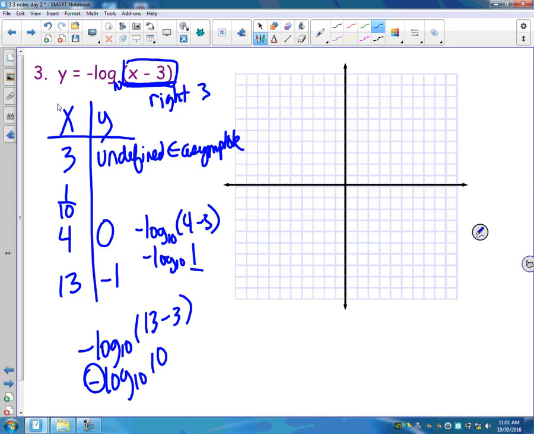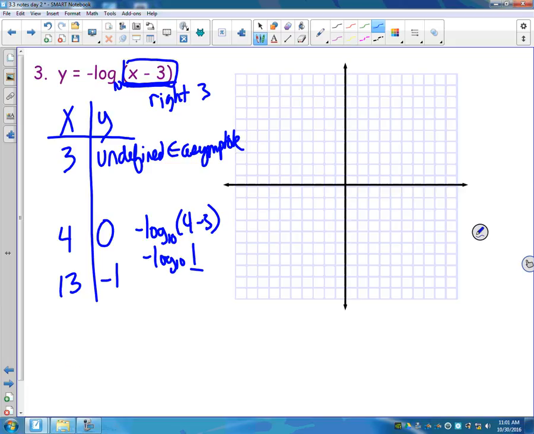And again, I picked 1/10 up here, but that's not right, because 1/10 minus 3 is going to be undefined. I got to pick what number is going to give me 1/10 in that problem. Is that just 3 and 1/10?